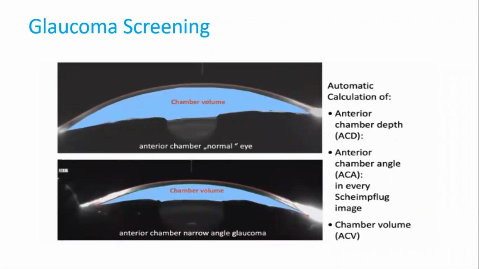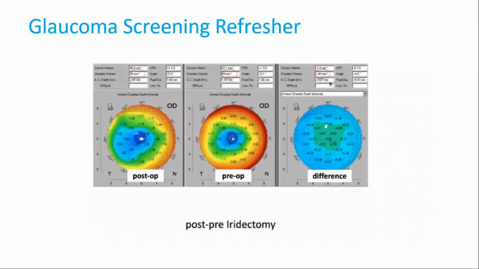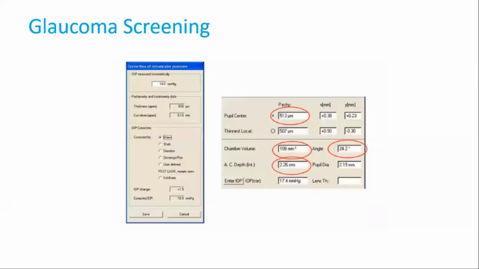It also compares the pre-op and post-op change in parameters after laser iridotomy. And also in the glaucoma screening report, we can generate a corrected IOP by entering the normal IOP, measured IOP, and pachymetry values, so that the machine automatically generates the corrected IOP by using its algorithms.